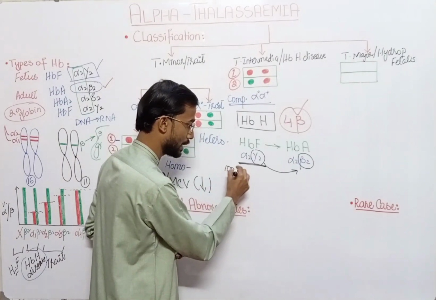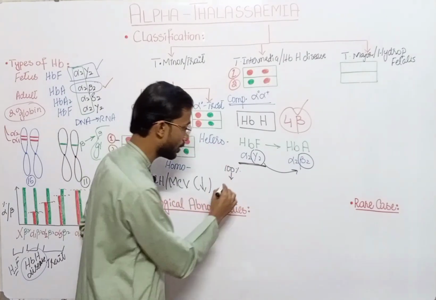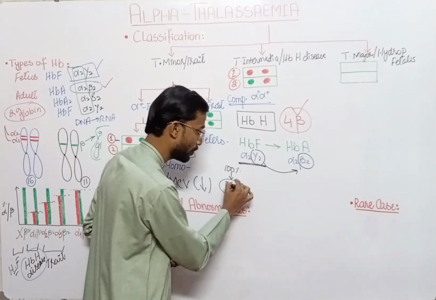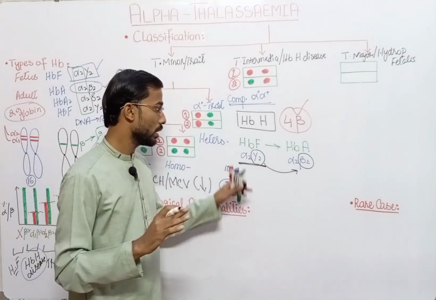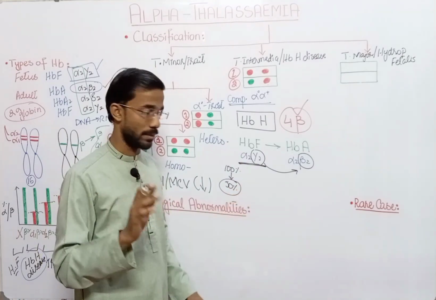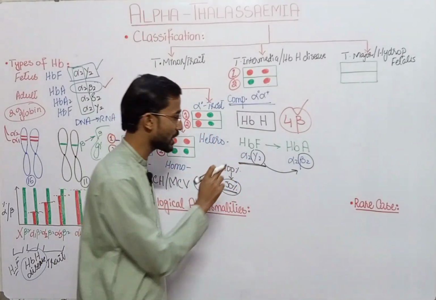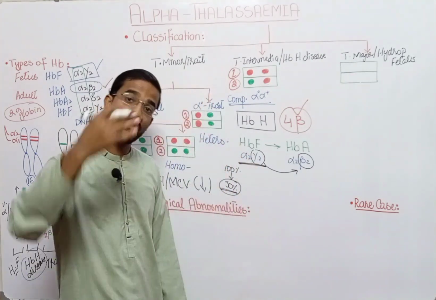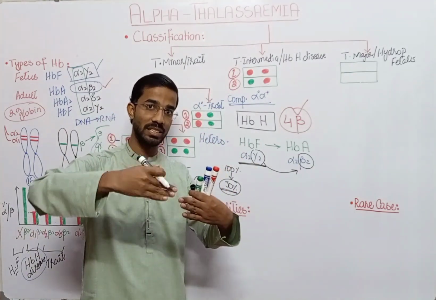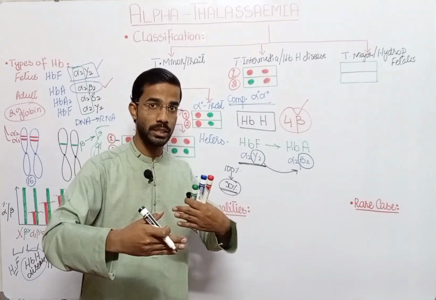Instead of 100%, the alpha globin chain will remain 50%. This 50% alpha globin chain will combine with the gamma in the fetal state, because the fetal state comes first, next to the adult state.